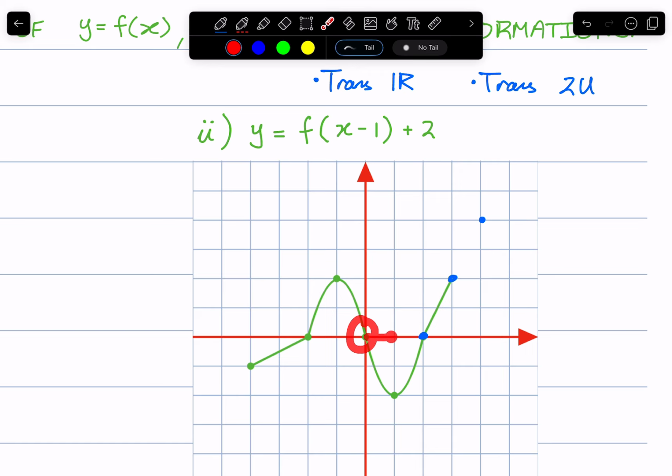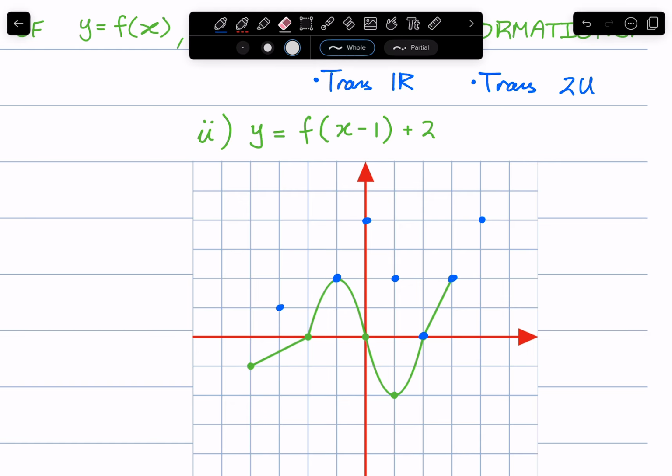This point as well, 1 unit across, 2 units up. This point, 1 unit across to the right, 2 units up. And this point as well, I'm sure you get the idea, just taking all of these critical points, 1 unit across, 2 units up. And this point here, also 1 unit across, 2 units up.